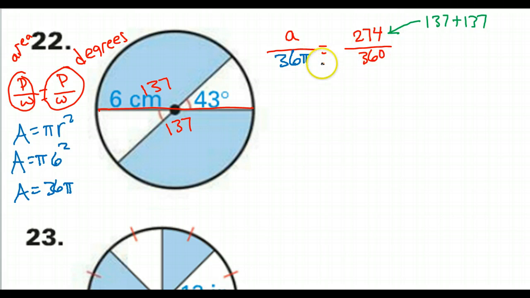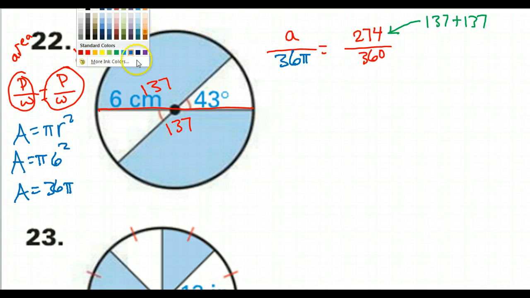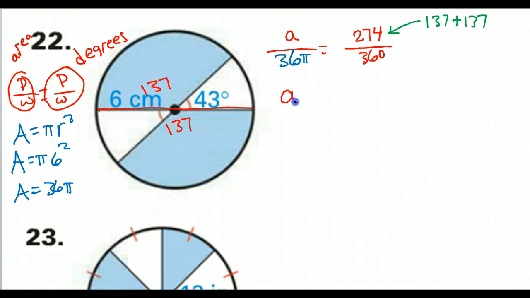So all we have to do is cross multiply. Now we should reduce this just to make the numbers a little smaller. 274 over 360 reduces a little bit, not a lot, so I'll have a over 36 pi equals, and this reduces to 137 over 180.